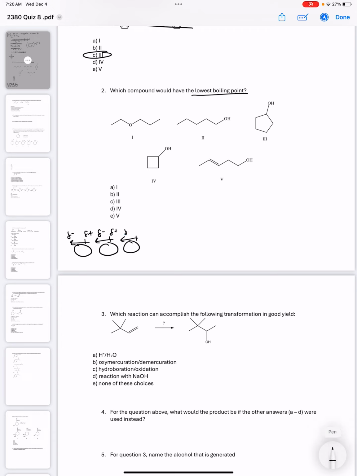This is a partial negative and this side's partial positive. So if you think of how they're attracted to one another in the solid state, they're really close together like this. And then as they start to get energy in, they can wiggle around and move, and basically start to spread out.